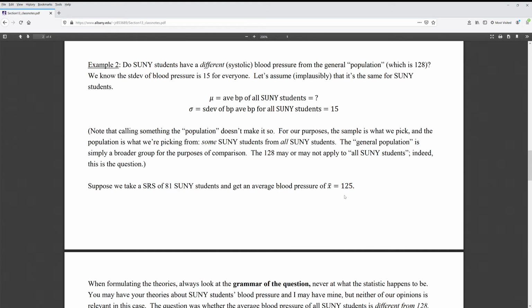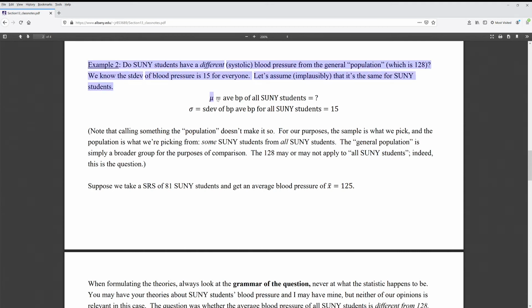So the average, which happens to be 125, may or may not be suspiciously far away from 128. Notice, by the way, that's in the wording of the question. You may have your own theories, and I may have mine about SUNY students' blood pressures, but neither of our theories were asked for. The question was whether it was different.